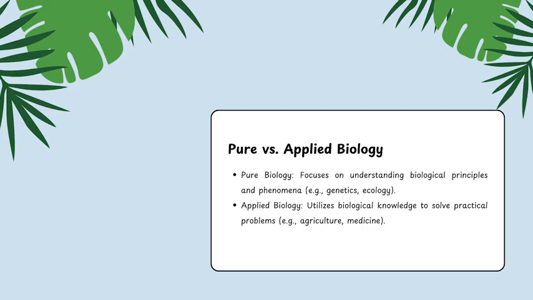On the other hand, applied biology uses this knowledge to solve real-world problems. Fields like medicine, agriculture, and biotechnology fall into this category. So, pure biology builds the foundation, and applied biology uses that foundation to benefit society.